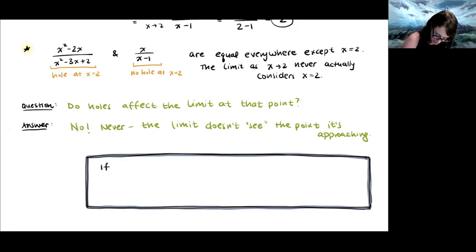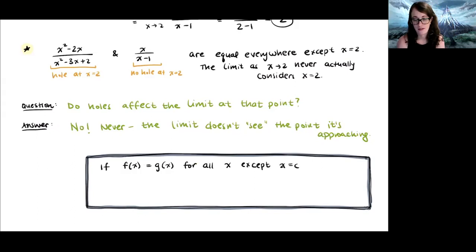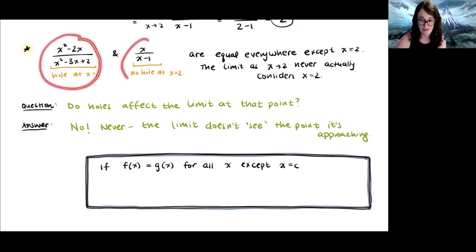If you have two functions, f of x and g of x, that are equal for all x values except 1, okay, so for example, this would be f of x and this would be g of x. They're equal everywhere except x equals 2.